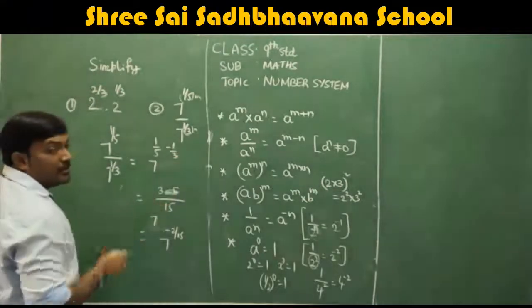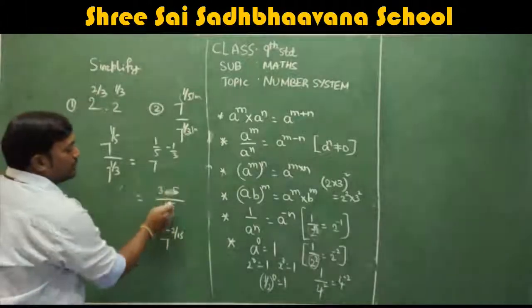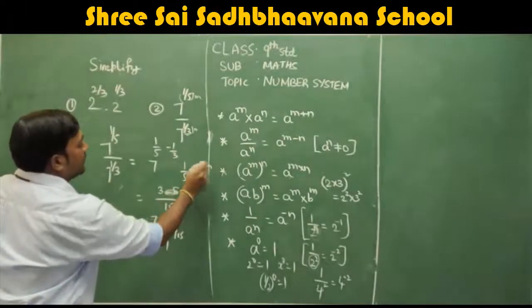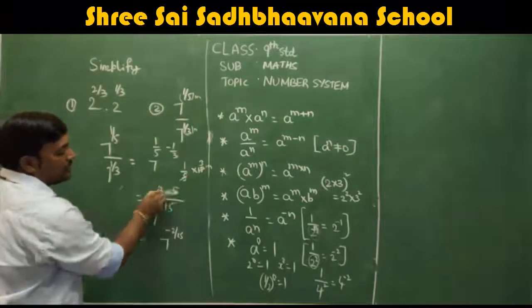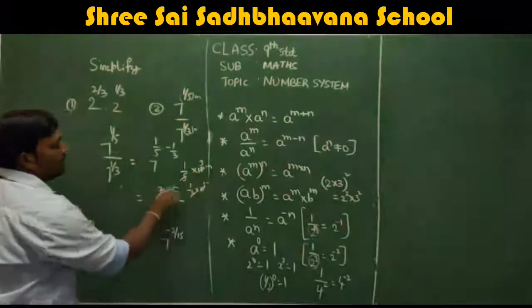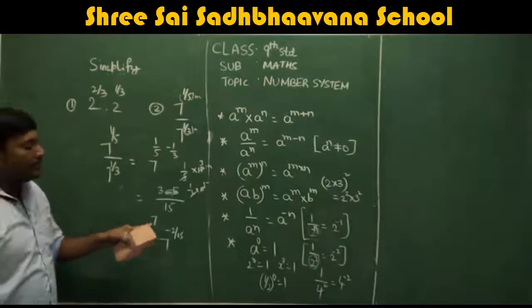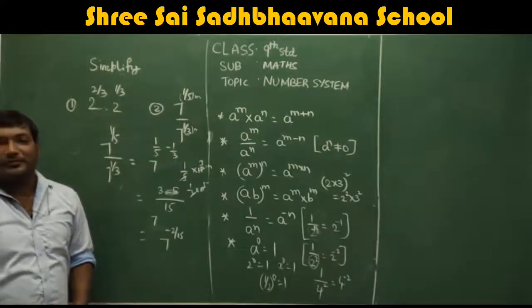Take the LCM of 5 and 3, which is 15. I hope you know how to do LCM and cross multiplication. 5 3s are 15, so 1 by 3 into 15 gives 5. So 3 minus 5 by 15, which is minus 2 by 15. So the answer is 7 power minus 2 by 15.